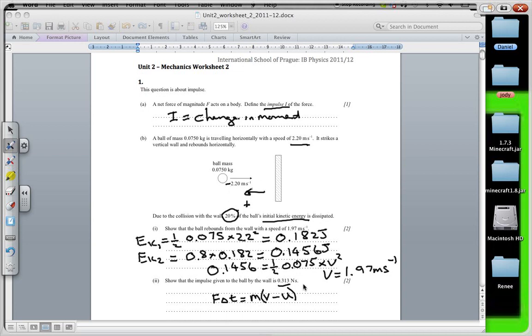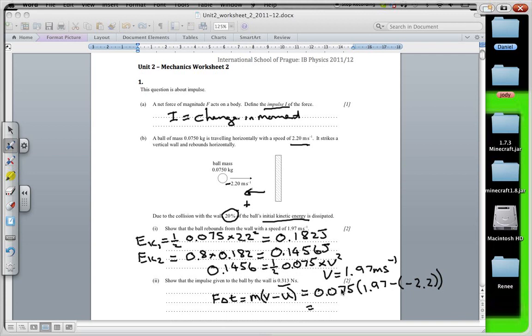So we're going to have 0.075 times our final, which is 1.97, minus, or rather plus, 2.2. As long as you choose a direction to be positive, then the other one will be negative.